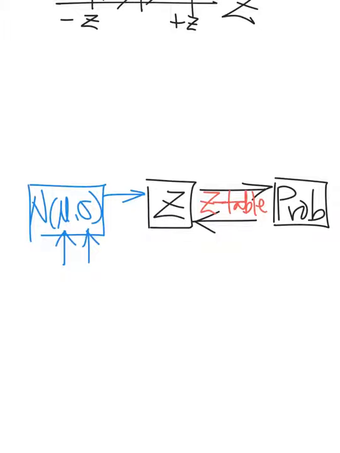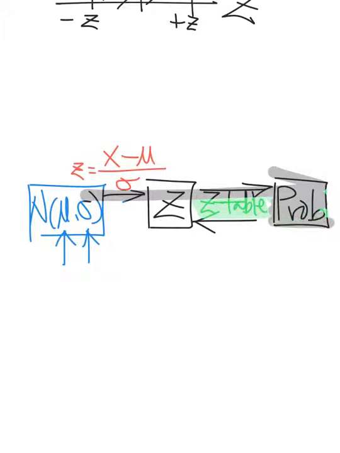How? Any value minus the mu, the mean, divided by the standard deviation. So it was the way to get the z-score. Standardize any kind of normal distribution. And then, using the z-table, we can take the probability. Okay? So we can go this way.